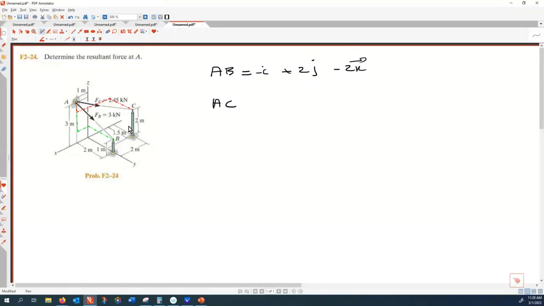AC, that is 3 meter, 2 meter minus k. And in the x direction, that is 1 meter, 2 meter minus 3 I. And in the j direction, that is 1.5 positive. Okay, and then the magnitude of AB, magnitude of AC.